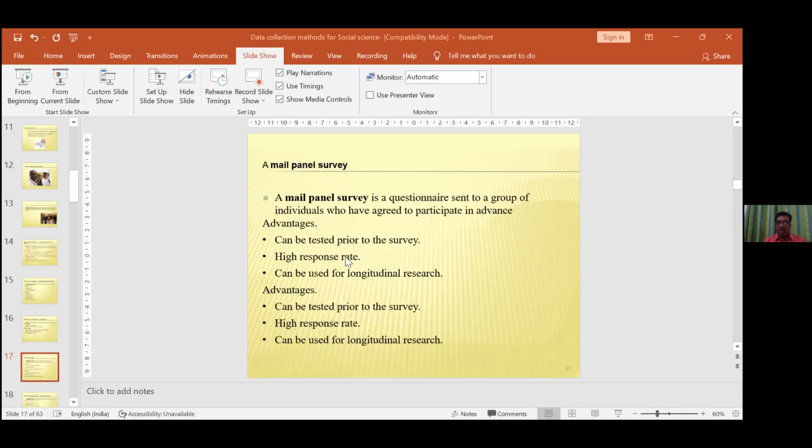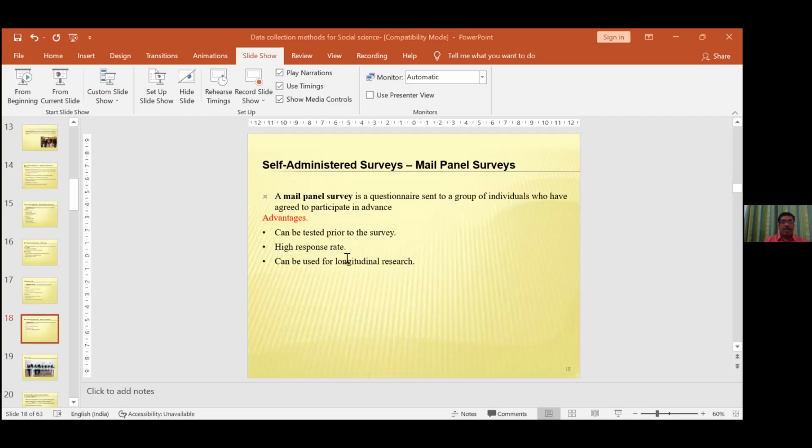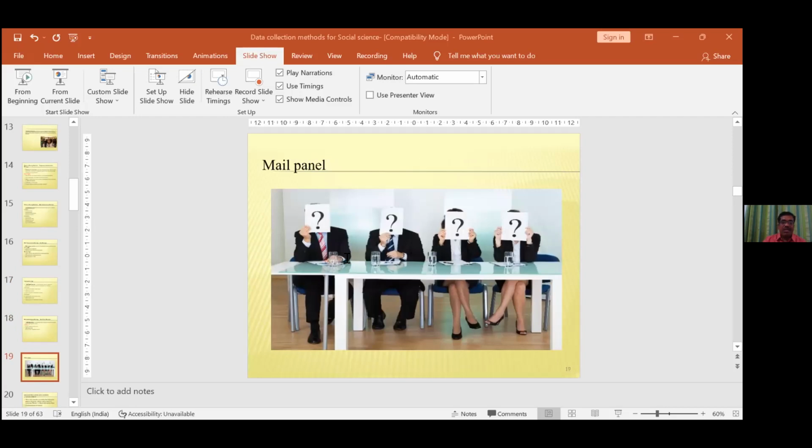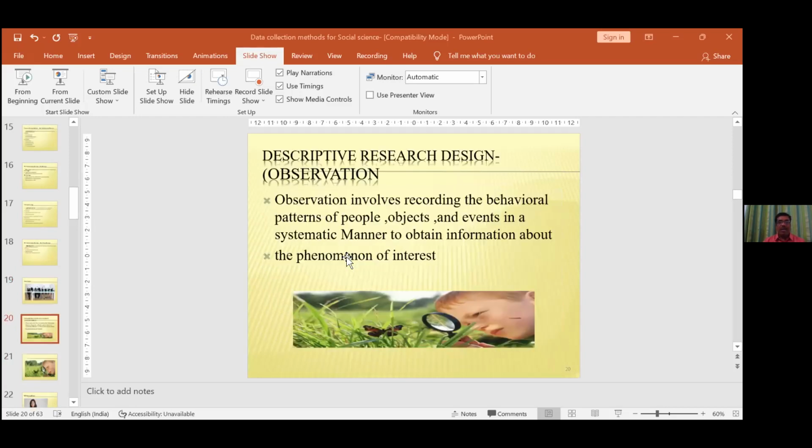This month, you can collect data if you want to measure changes in people, or changes in customer perception. Next year, you can collect the data from the same person because they are willing and interested. So this is the mail panel. These people are interested.